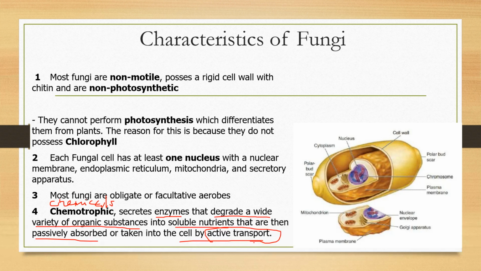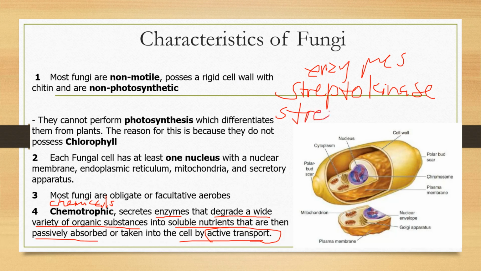So that's one way on how your fungi would be able to absorb nutrients. And similar with your bacteria, class, your bacteria can also secrete enzymes. If you still remember the enzymes streptokinase, streptolysin, these are the enzymes produced by your streptococcus that would allow for their pathogenicity.